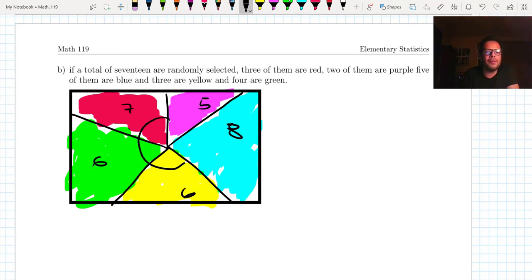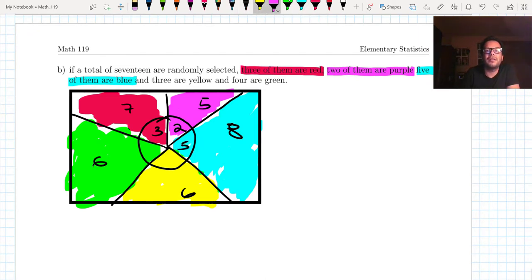I'm gonna take a sample of, in this case, 3 of them are red. 2 of them are purple. 5 of them are blue. 3 are yellow.